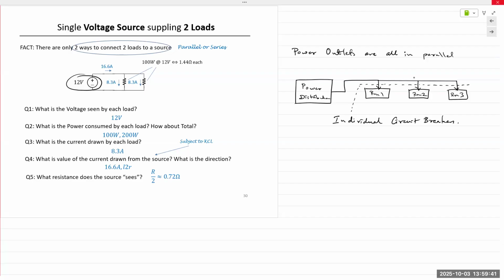Before circuit breakers, we had fuses. So in vehicles, we still have fuses. Fuses are nothing but a very thin wire. It's rated to carry a certain amount of current. If the current that passes through the fuse wire exceeds its limit, it melts the wire, thus breaking the connection. So we say a fuse is blown.